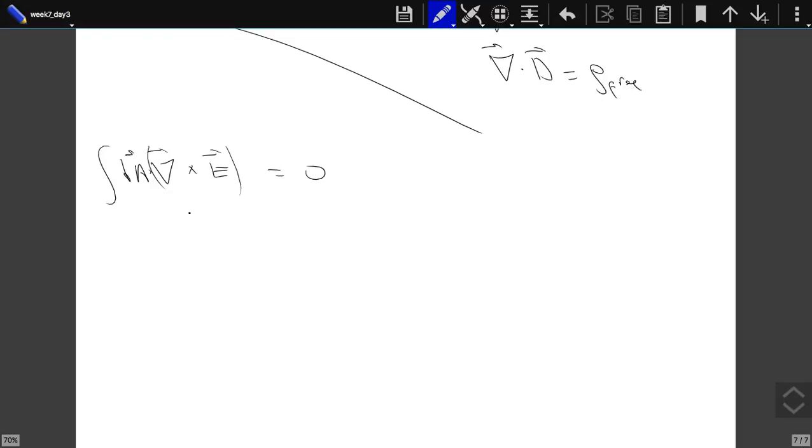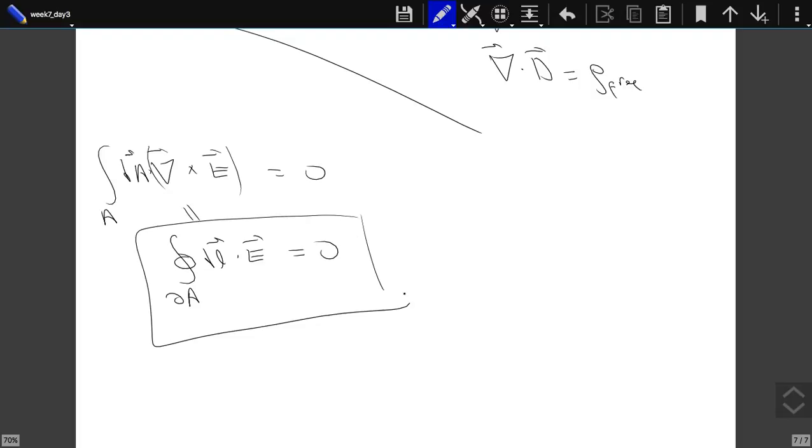But that basically tells us, since we know that the curl of a vector field integrated over an area can always be written as the integral over the boundary of the area of the vector field itself, and the boundary of the area is a closed loop, so this should always be satisfied, whether you are at a boundary or not. It doesn't make any difference. It should always be satisfied.